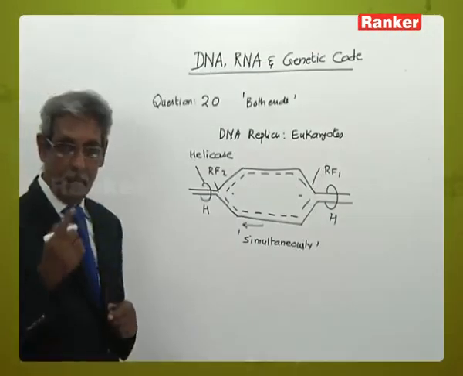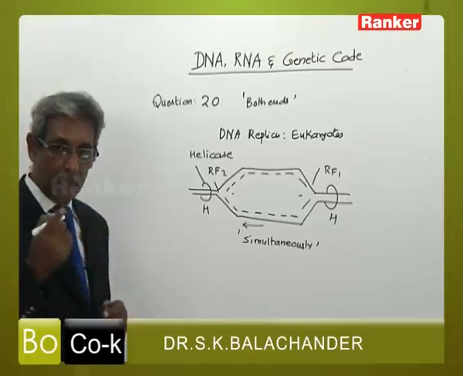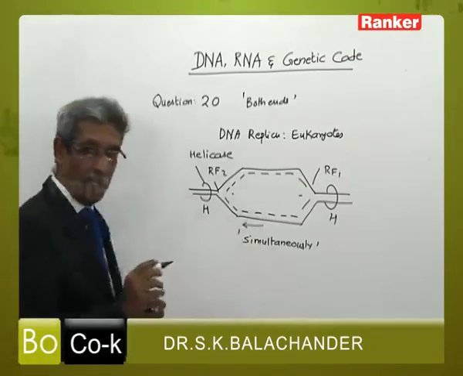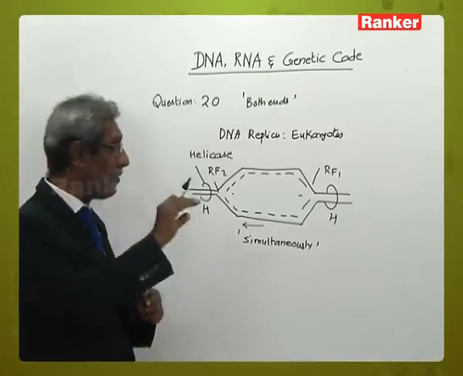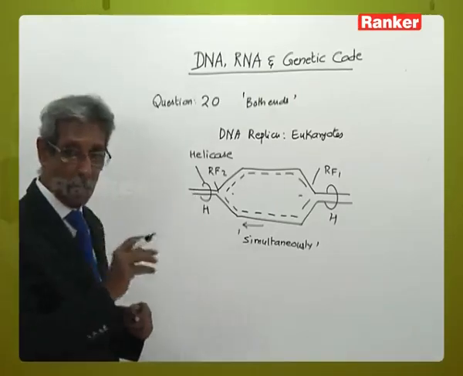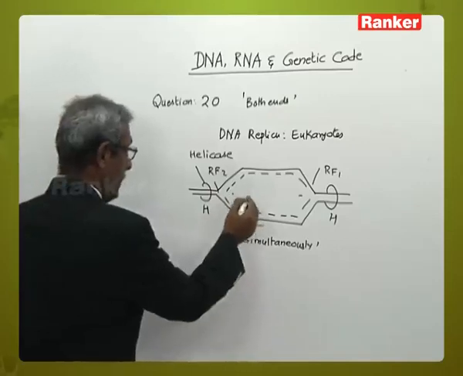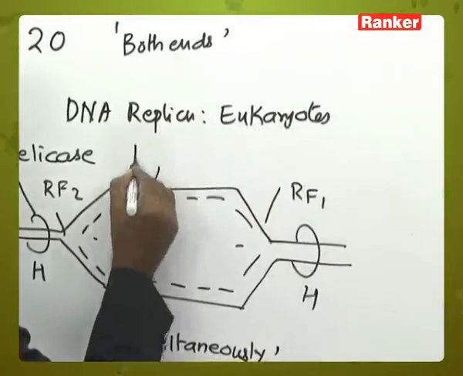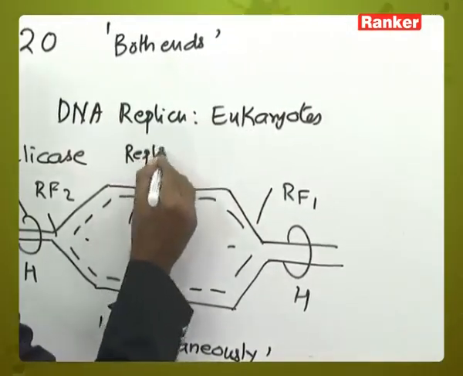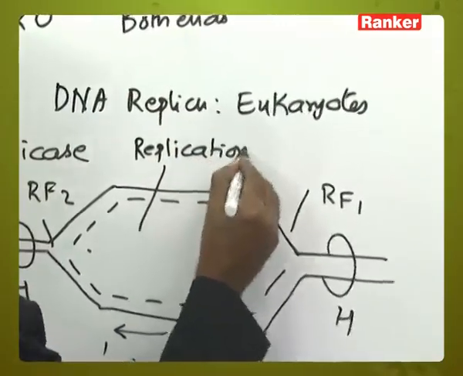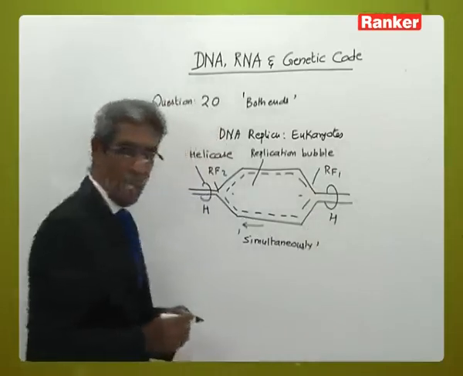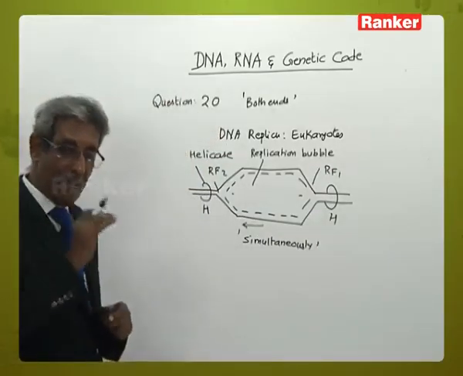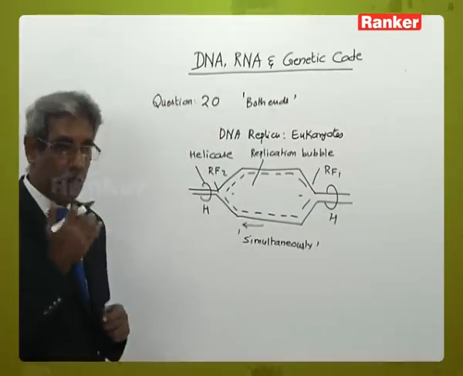Hence, for question number 20, the correct answer is, though it occurs simultaneously, when you take the entire chromatid, such a replication bubble, this is primarily termed as a replication bubble. This replication bubble has several origin sites on the chromatid.